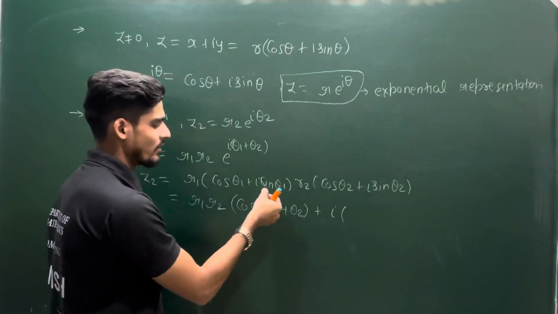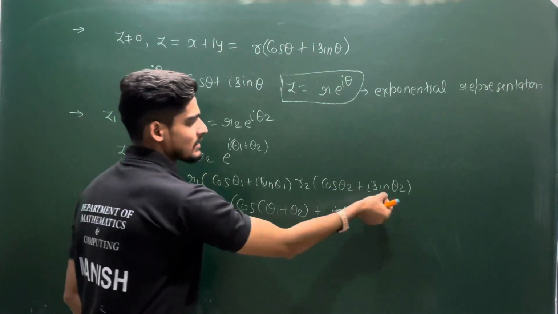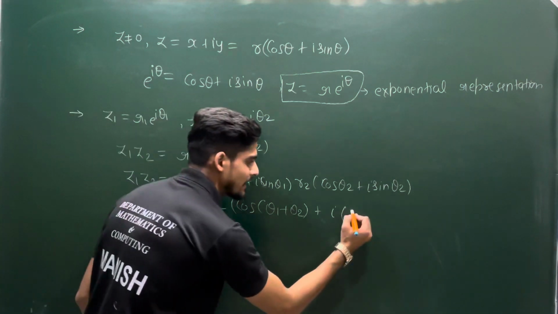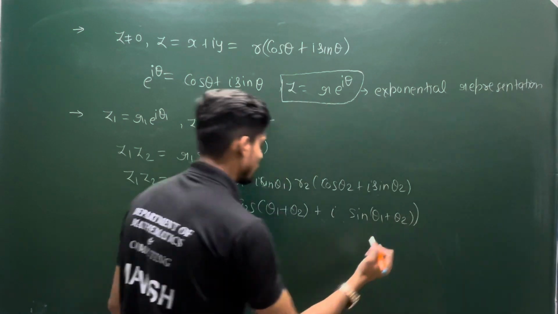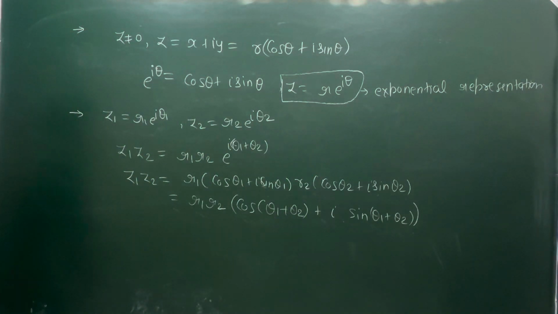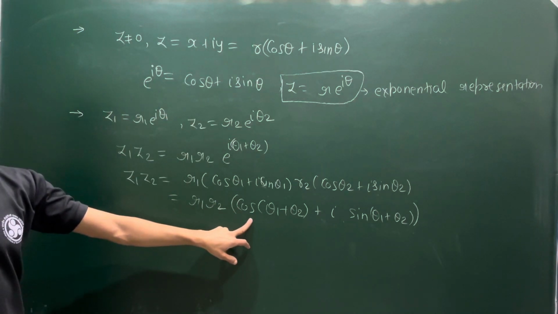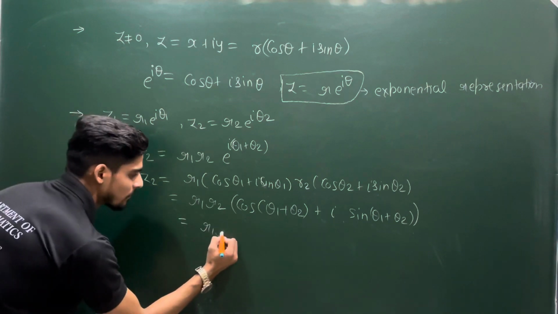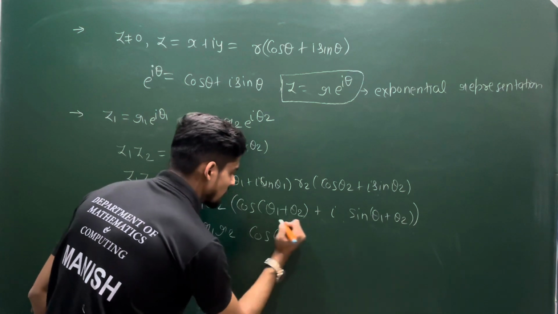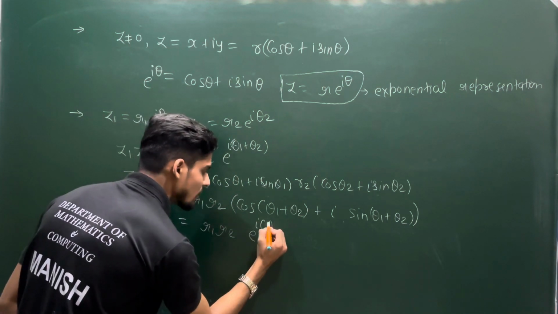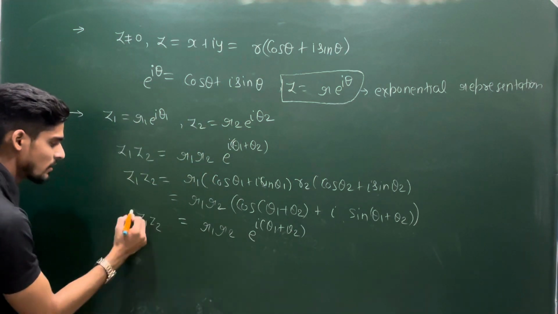Iota will come with sin theta 1 cos theta 2 plus cos theta 1 sin theta 2. So that is going to be sin of theta 1 plus theta 2. And we know that if this is cos theta plus iota sin theta, then this will be e power iota times theta 1 plus theta 2. So this is my z1 times z2.